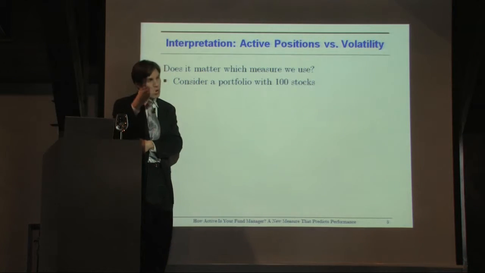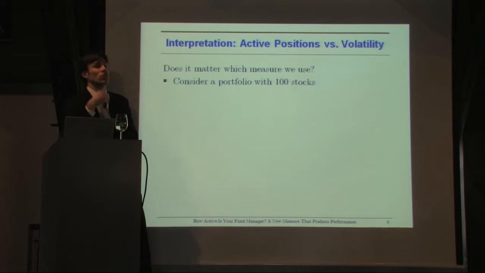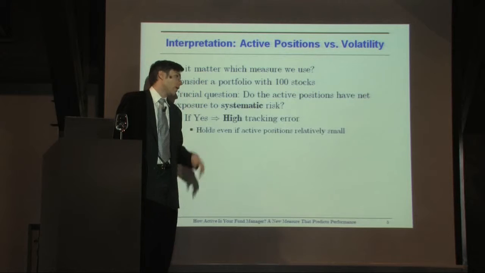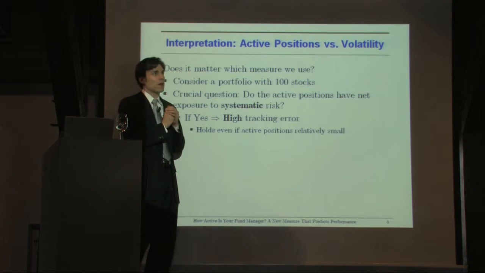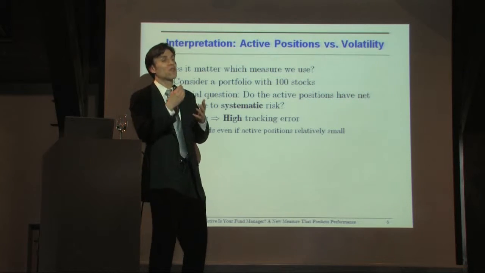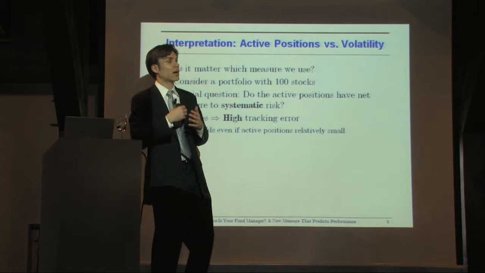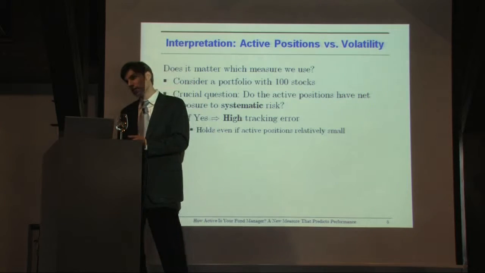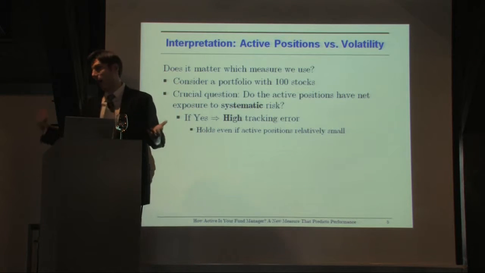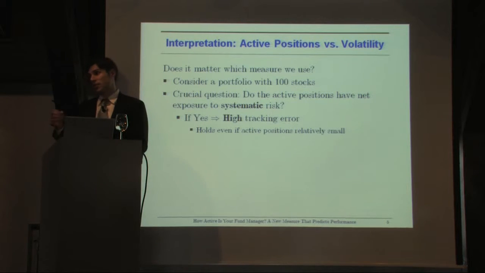Okay, in particular, how your active positions are exposed to systematic risk. So if, for example, all of the stocks where a fund is overweight relative to the index are technology stocks, and we know that technology stocks tend to move together, that's going to generate relatively high tracking error even when the active positions themselves are relatively small.